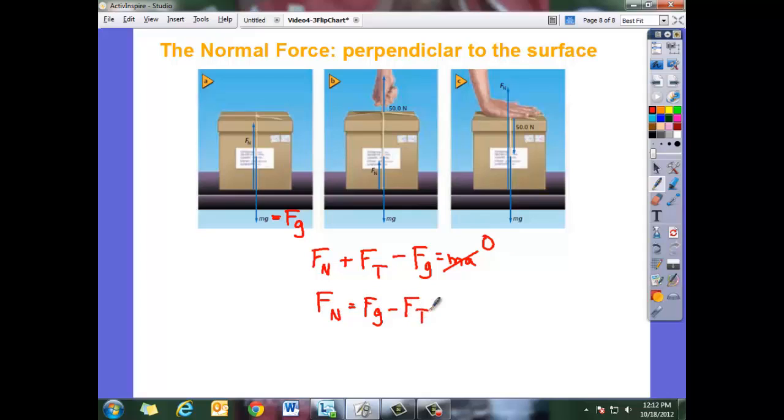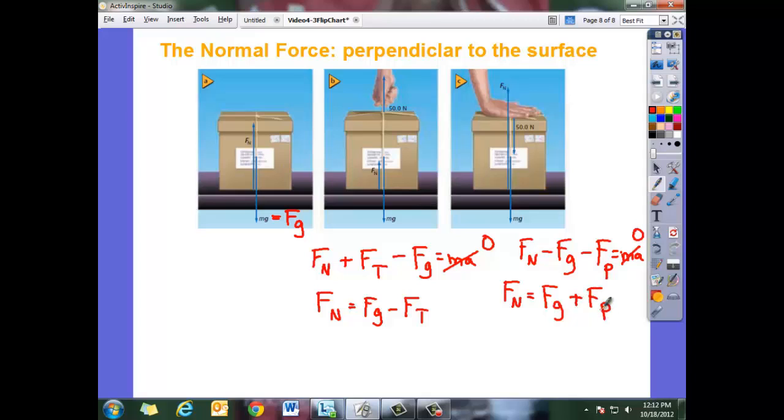So if I'm pulling up, the normal force is going to be less than the weight. If I'm pushing down, it will be Fn minus Fg minus Fp, let's call it P for the push, equals ma. It's not going anywhere, I'm just pushing on it. So the normal force will be Fg plus Fp for push.